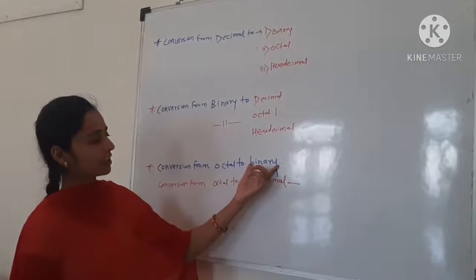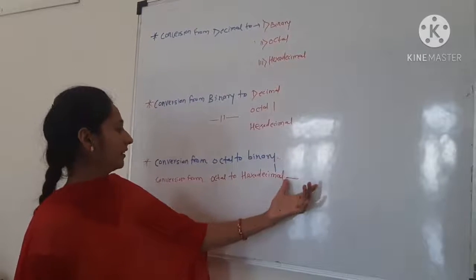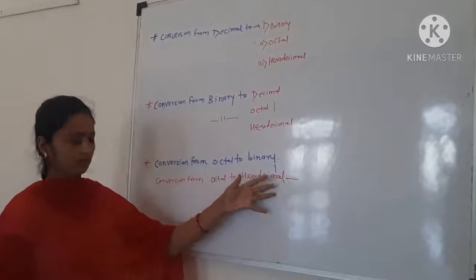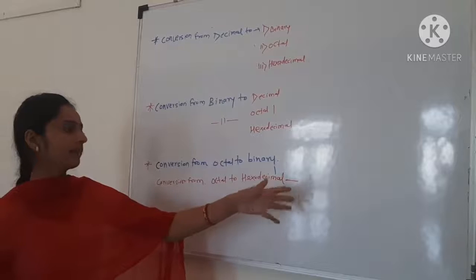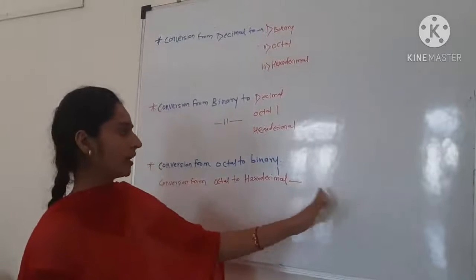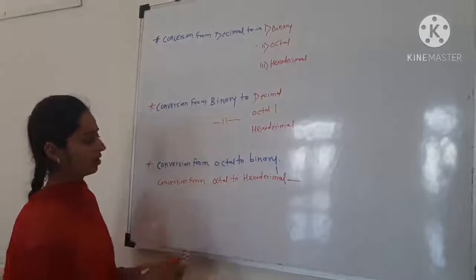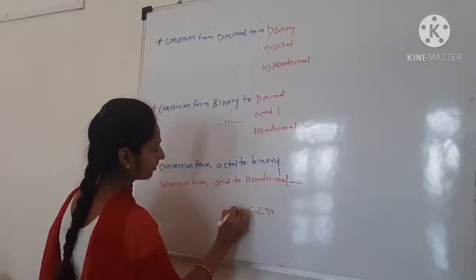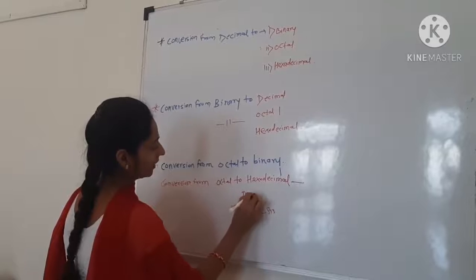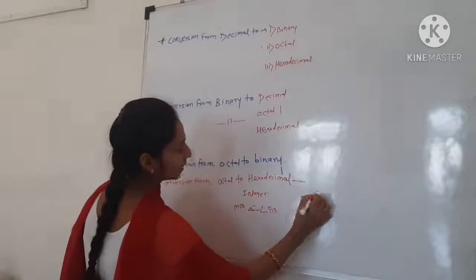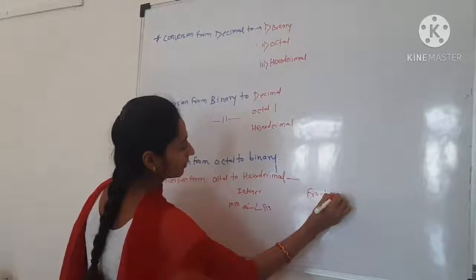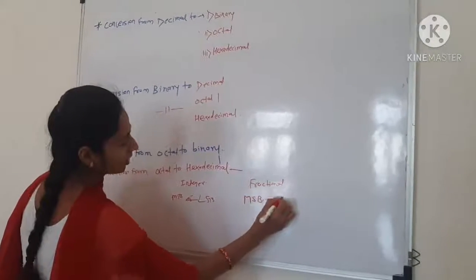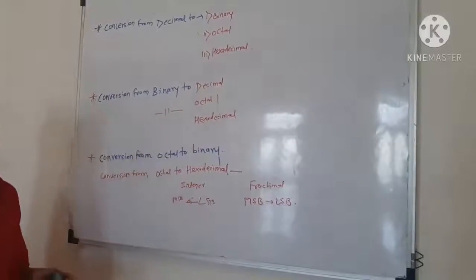In this case it was 3 bits, and in this case it is 4 bits. Otherwise the process is the same: for the integer part we start grouping from the least significant bit, and for the fractional part from the most significant bit.